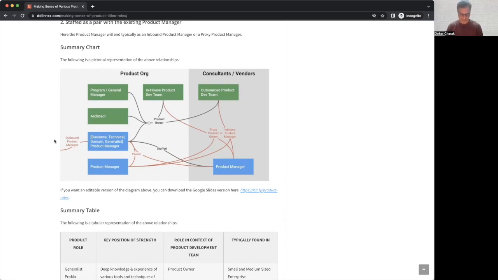The product manager is such a role which has so many facets to it, so many outcomes expected across sizes of organization, across relationships between organizations, that all these terms do make sense and help those who are planning careers, those who are recruiting, or those who are seeking help in this area, saying, hey, I need this kind of expertise. I want a technical product manager, or I want an inbound product manager, I want an outbound product manager. So hopefully this was useful.